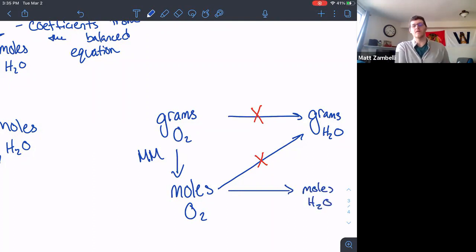And what do we have to use to go from moles of oxygen to moles of water? What do I have to use to compare my moles of oxygen to moles of water? The mole ratio, perfect.